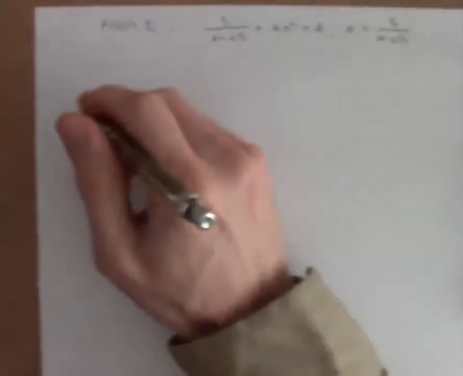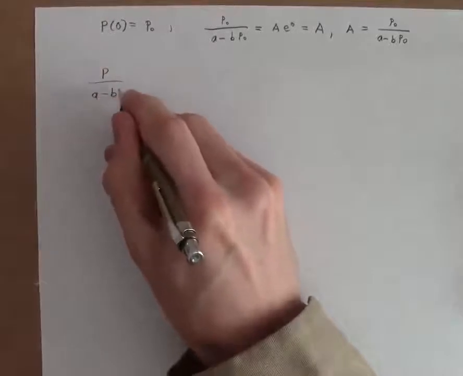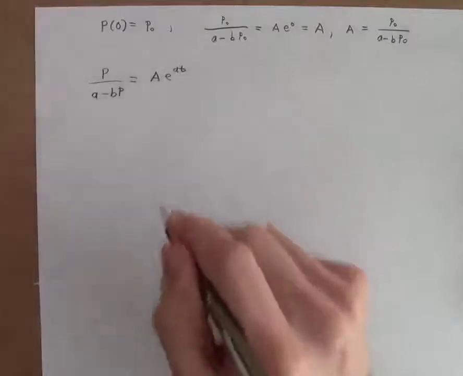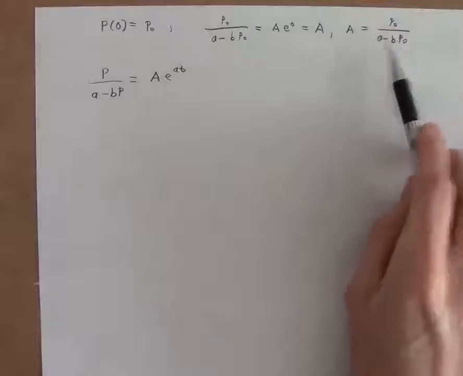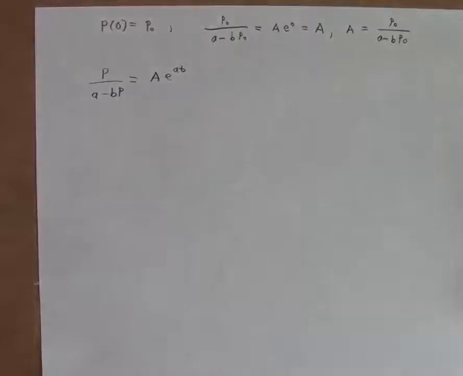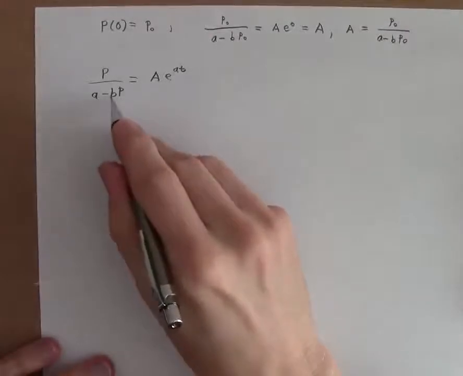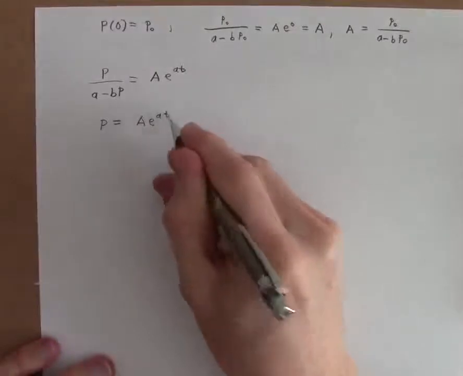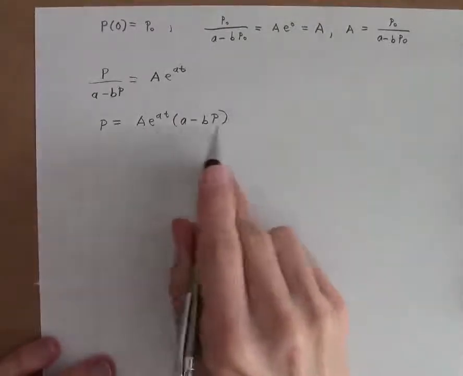All right, so here's that equation once again. So we had P divided by a minus bP is equal to A e to the power at. And we just solved for A right here, but it was a little bit complicated. So I'm going to just keep on calling it A as an abbreviation. And now let's solve for P. So we'll multiply both sides of the equation by a minus bP and get P is equal to A e to the at times a minus b times P. And then do the multiplication.